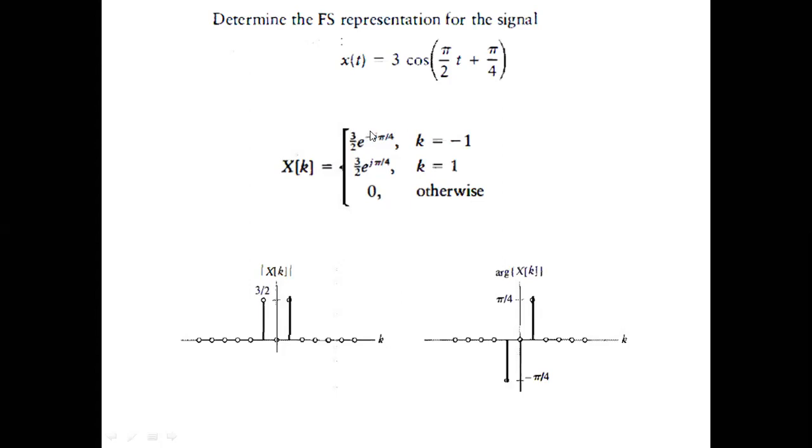What is the magnitude of 3 by 2 e to the power j theta? Magnitude is 3 by 2. What is the phase of e to the power j theta? Phase is theta. So e to the power j minus pi by 4 at k equal to minus 1, it is minus pi by 4. K equal to 1, it is pi by 4.